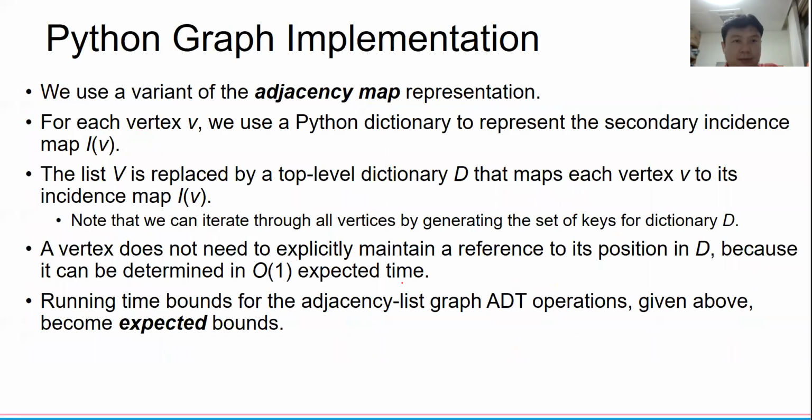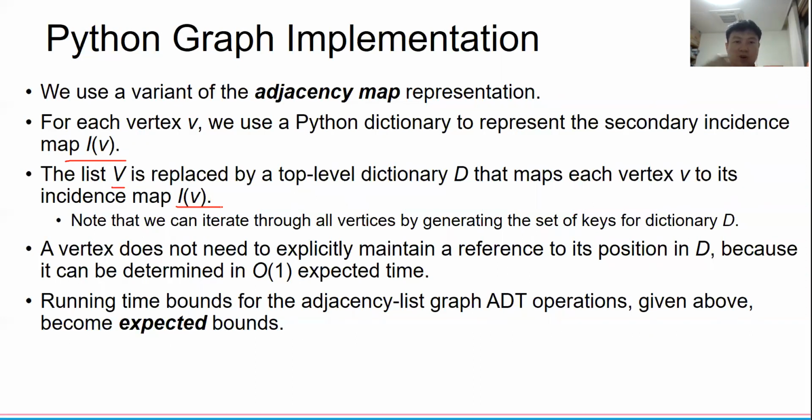For the Python graph implementation, we can use the adjacency map representation. I hope that you still remember the map section. For each vertex V, we use a Python dictionary to represent the secondary incidence map, IV. And the list V is replaced by a top-level dictionary D that maps each vertex to its incident map, IV.